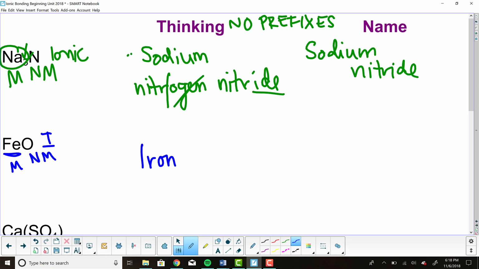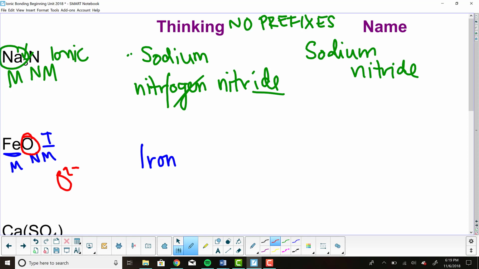And how do we figure that out? Well, we need to start with the piece that we do know the charge of. So in our formula, we need to look at this oxygen, this O. Oxygen will almost always form a 2- charge.